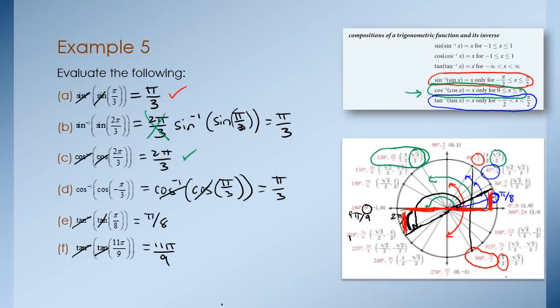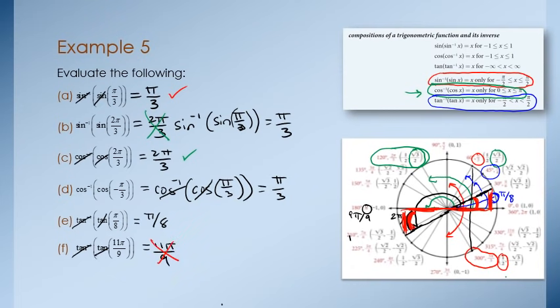Remember what a reference angle is. It's the angle between the terminal side and the x-axis. So 2 pi over 9 is from the third quadrant to the x-axis, and 2 pi over 9 is going to be from the first quadrant to the x-axis.